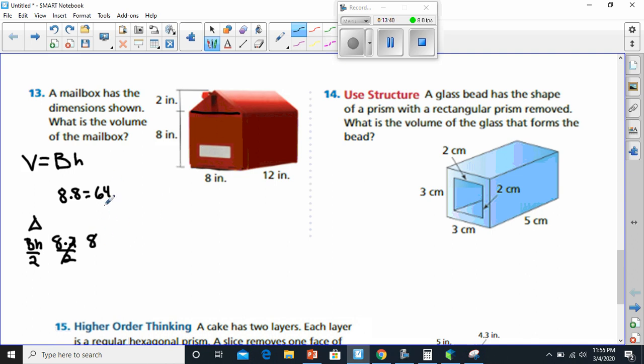We're going to add 8 and 64. And 8 and 64 are going to make 72. So now we know this whole area is 72. Okay? And now that we found that that's 72, we have to multiply 72 to the height, which is 12.